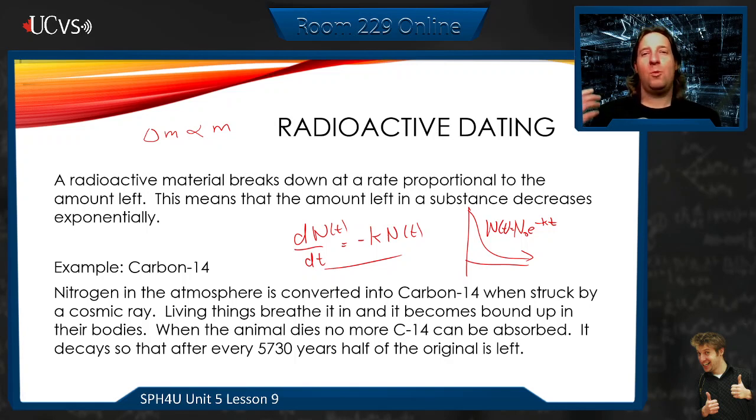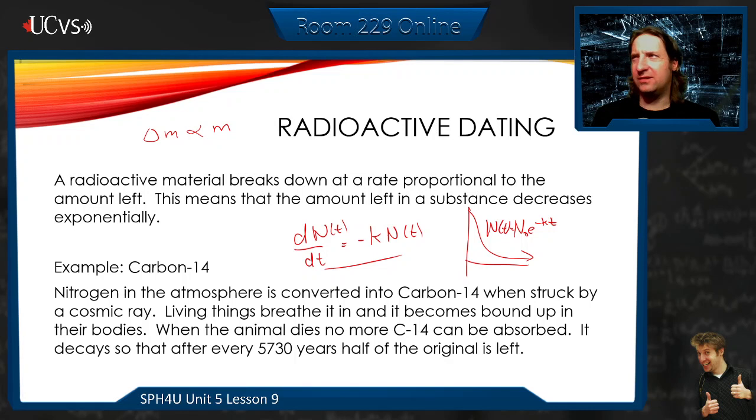So our body, while we're living, breathing and eating and doing normal things, has a certain percentage made up of carbon-14. And when you die, you stop absorbing stuff. Once a living thing dies, the amount of carbon-14 starts to decay, because it's a radioactive element.